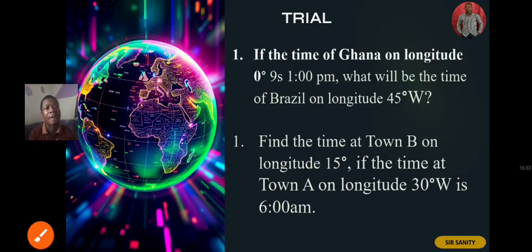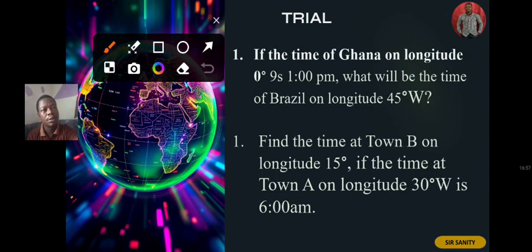Now, this is your trial question. You can try your hands on it. The time of Ghana on longitude 0 degrees is 1 o'clock p.m. What will be the time of Brazil on longitude 45 degrees west?